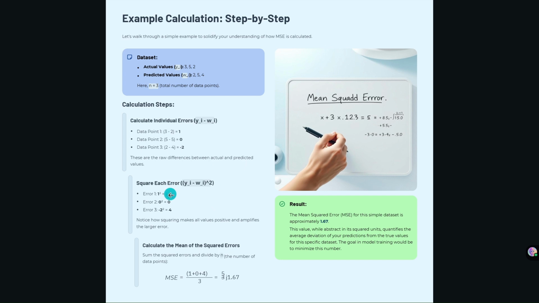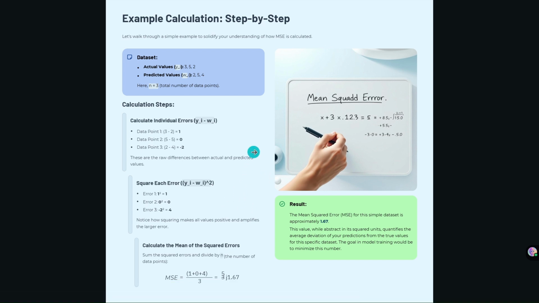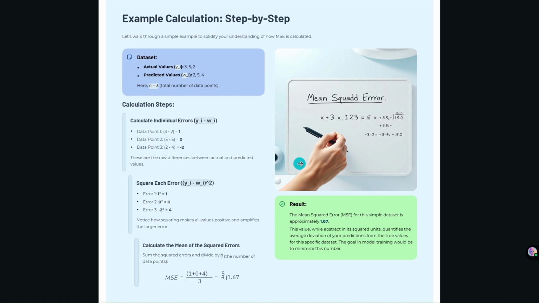So we have 1 plus 0 plus 4, divided by 3, which comes to 1.67. This is how the mean squared error works.